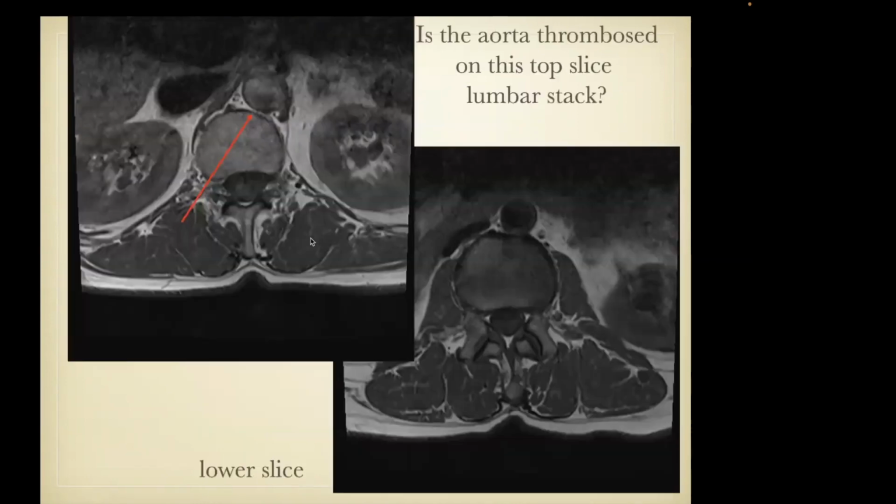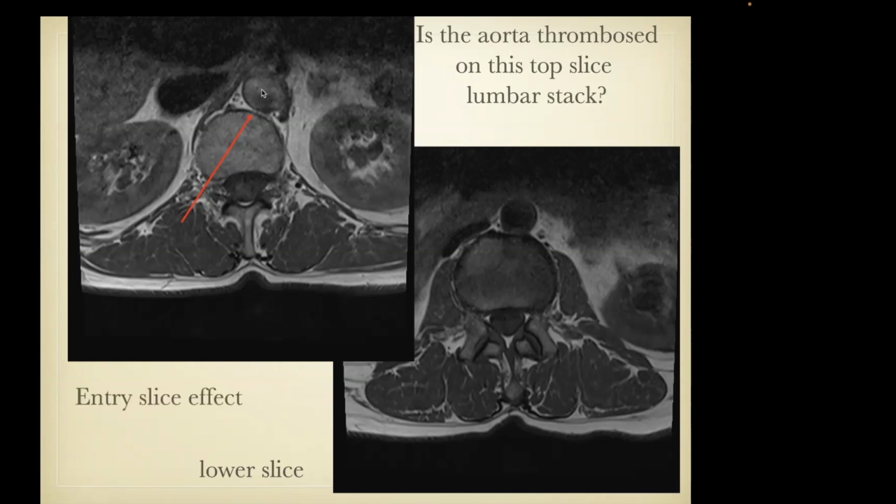And you've probably seen this, may have not really been attuned to it, but if you were to see this slice as the first slice in a stack on a lumbar spine study or abdominal study, when you see high signal intensity in the aorta, it doesn't mean it's thrombosed.